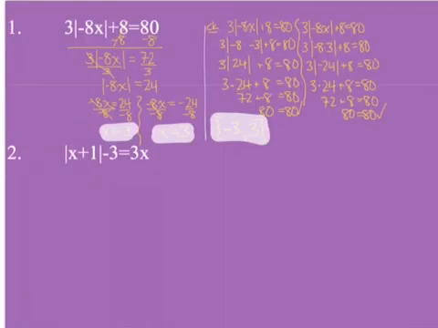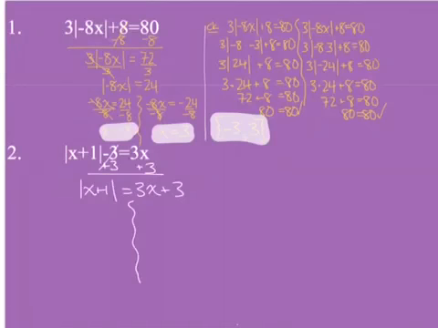And finally, our fourth example. The first thing we have to do on both sides is add the 3. And we get the absolute value of x plus 1 is equal to 3x plus 3. Alright, we split it into two equations because we've isolated our absolute value.